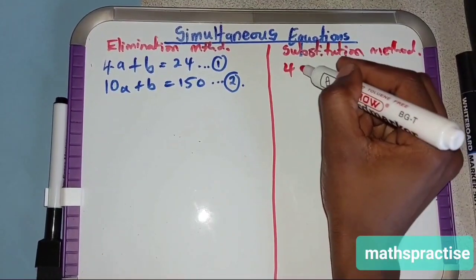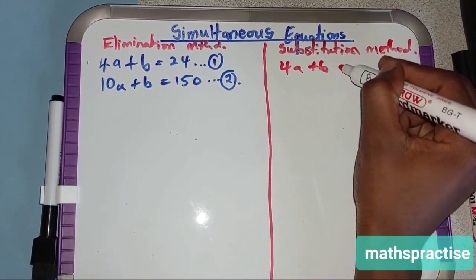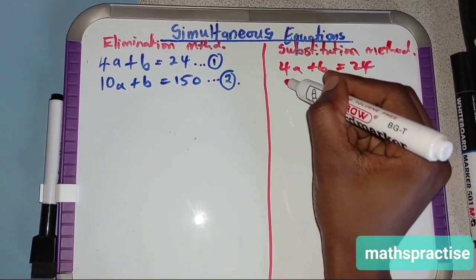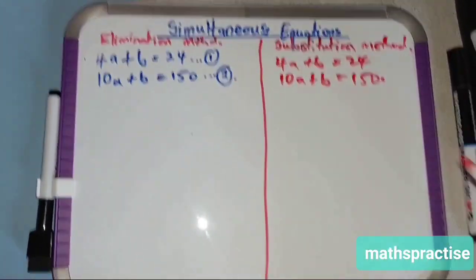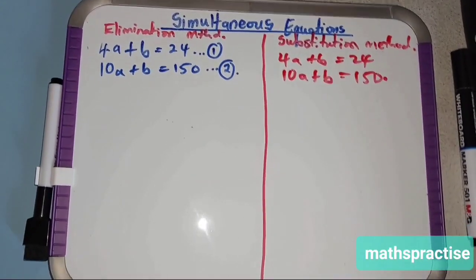So this is 4a + b = 24, and 10a + b = 150, right?